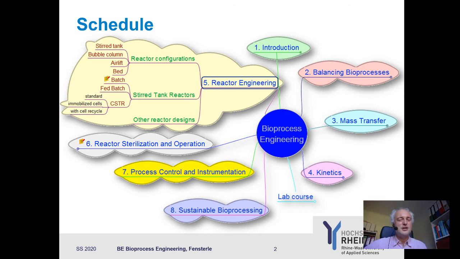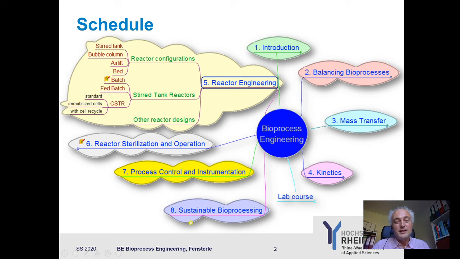Now in this chapter we look at bioreactors, what they look like, different operation modes in stirred tank reactors, what the productivity is in a real reactor, and other reactor designs. So this is now real bioprocess engineering, and we still have chapters on reactor sterilization operation, process control and instrumentation, and sustainable bioprocessing.